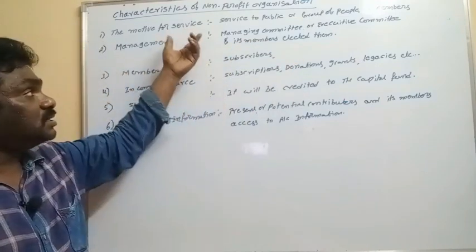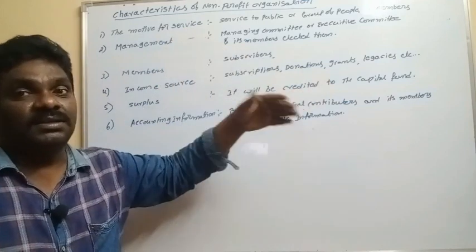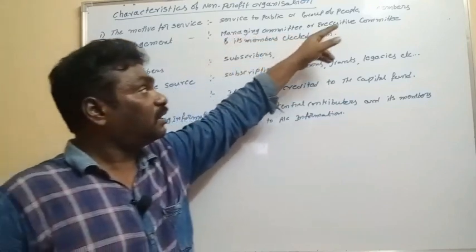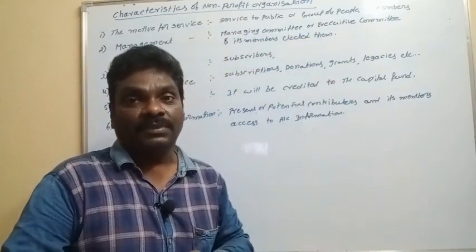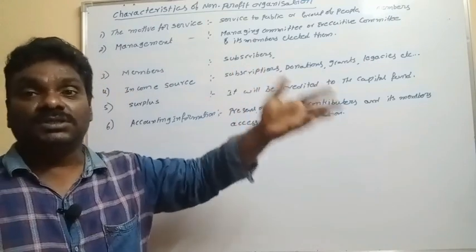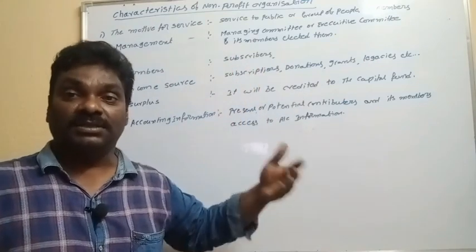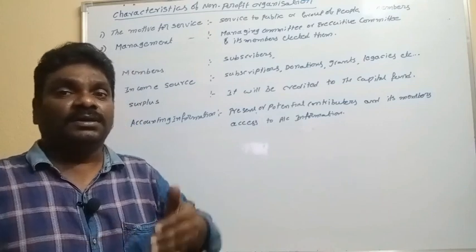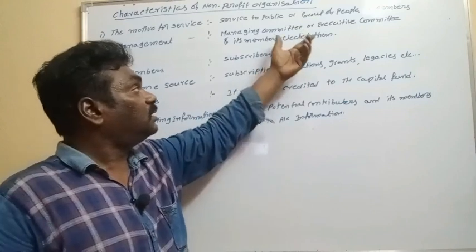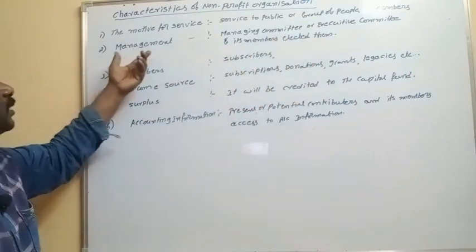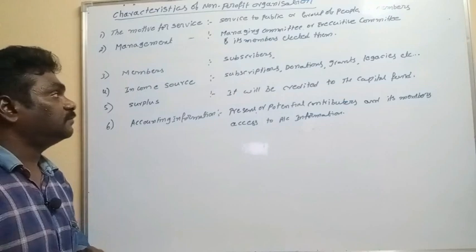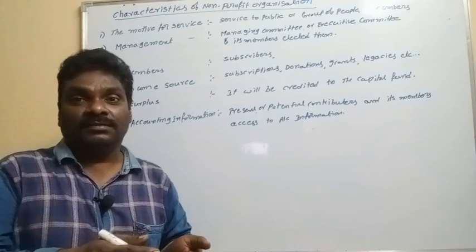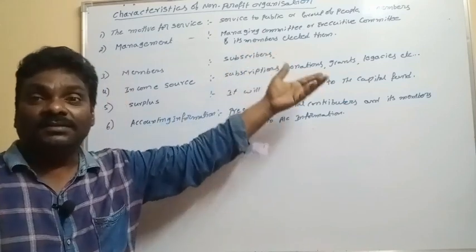The organization's members elect a managing committee or executive committee, such as a CEO, manager, director, or executive manager. These elected members manage that organization. Then, who are the members?